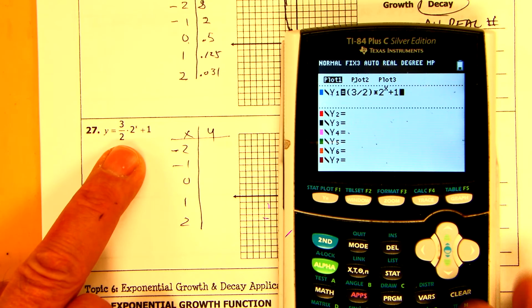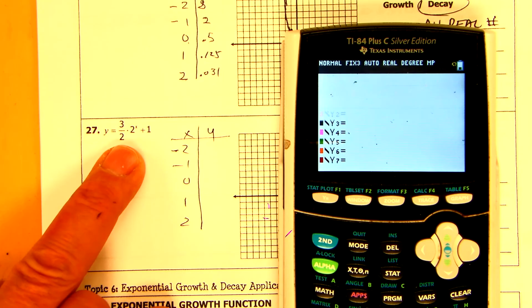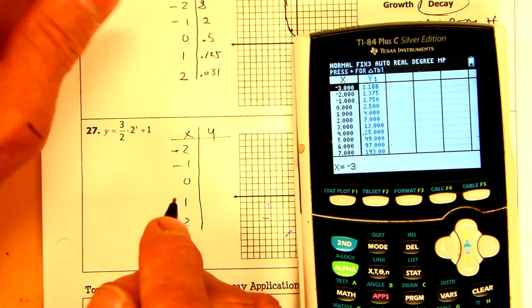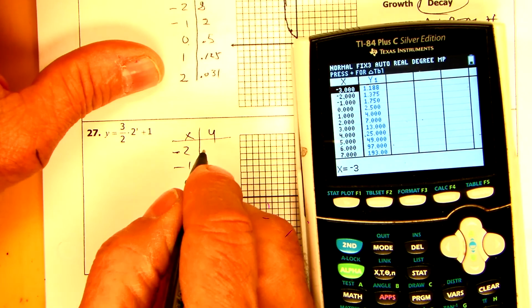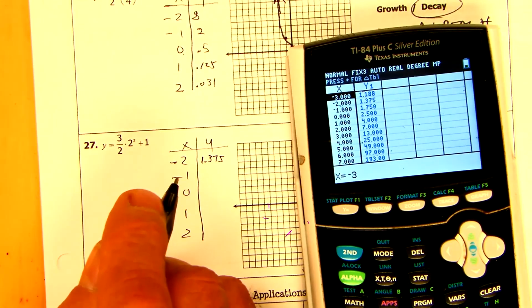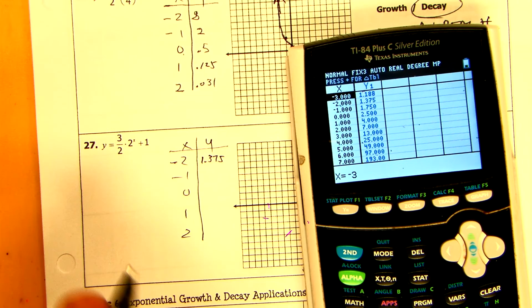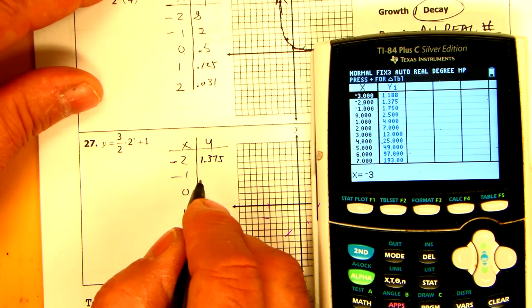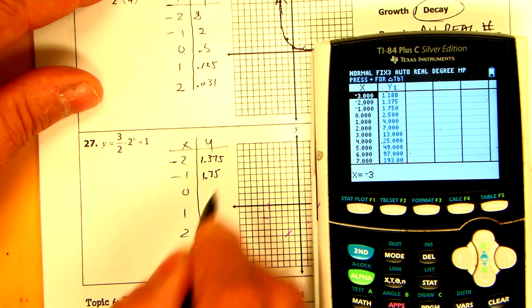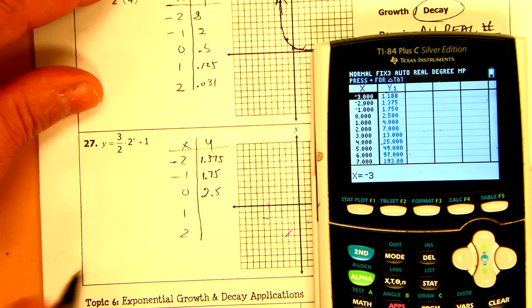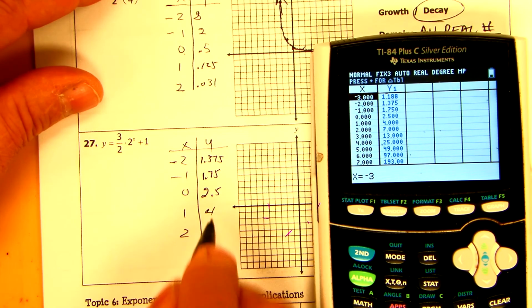Now let's go to our table, second table. At negative 2, we have 1.375. At negative 1, we have 1.75. At 0, 2.5. At 1, we have 4, and at 2, we have 7.